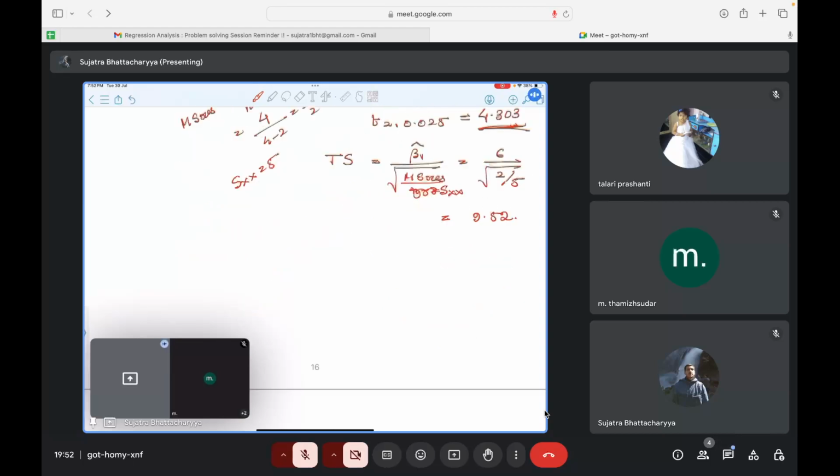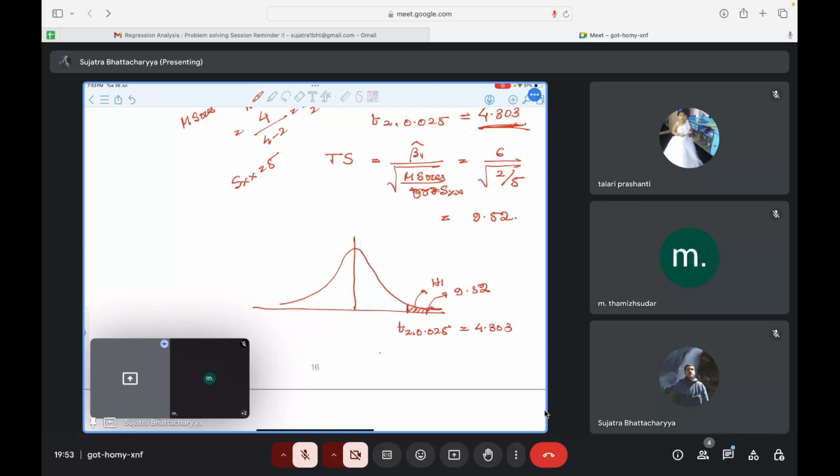So this is how the statistic comes. This is T2, 0.025, whose value is 4.303. But what is your test statistic? About 9.52. So it comes out in the H1 zone.